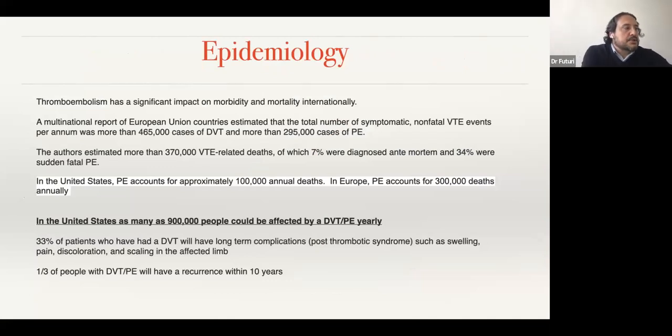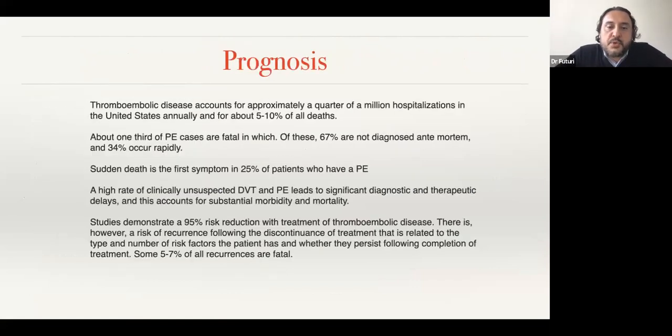The epidemiology of this disease has a significant impact, both in terms of morbidity and mortality. This is both in the United States and in Europe.